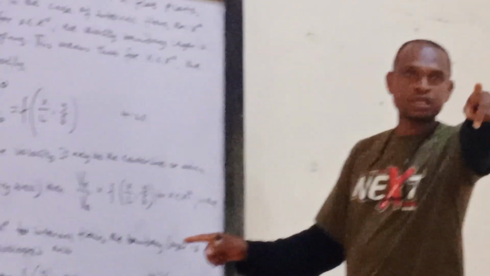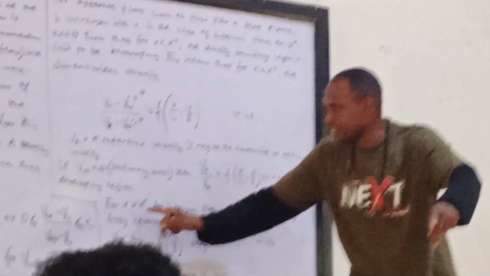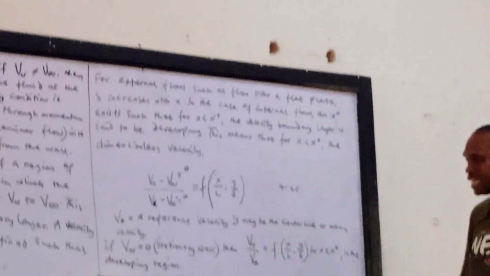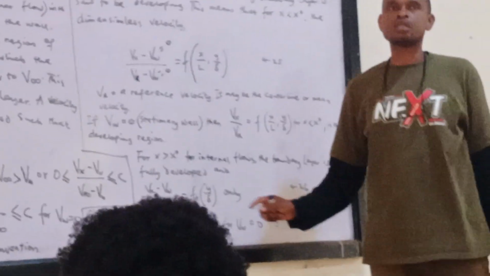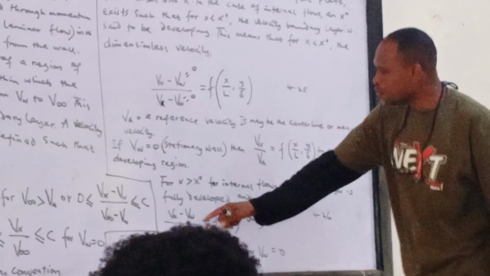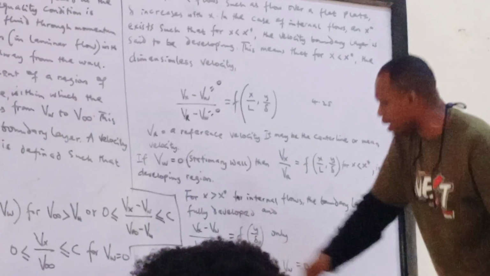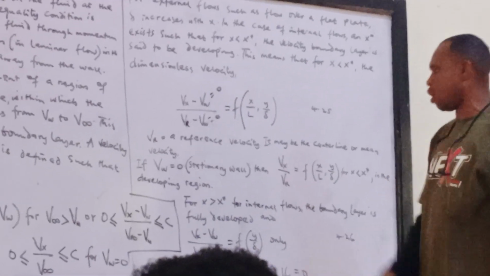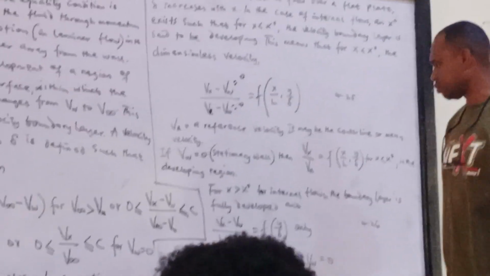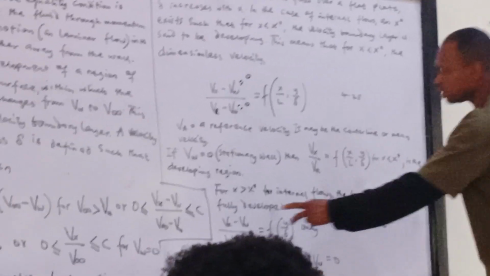For x less than x star, it's only a function of this for x, and for internal flows. For internal flow, for x greater than x star, the boundary layer is fully what? So Vx minus V1 all over Vr minus V1 is a function of this because it's a fully developed flow.